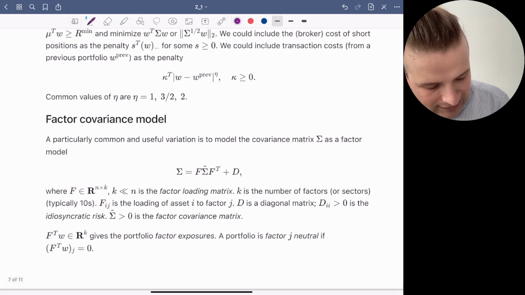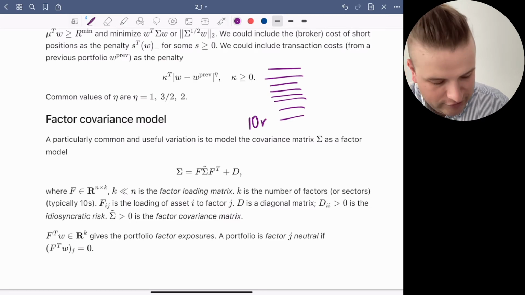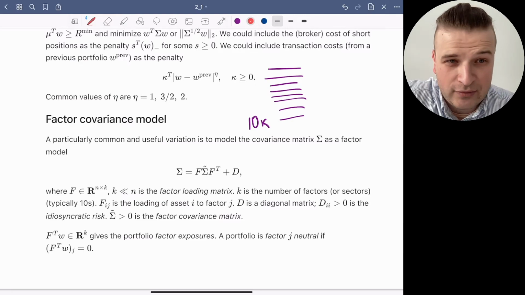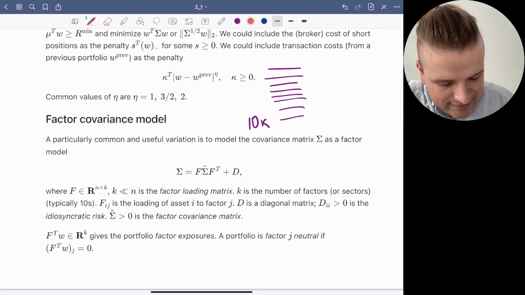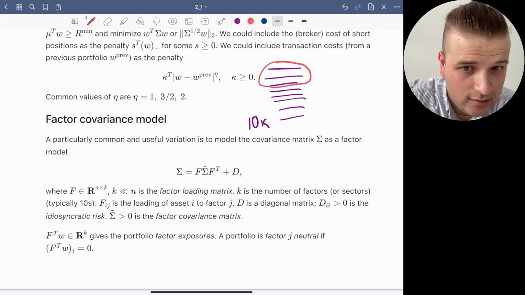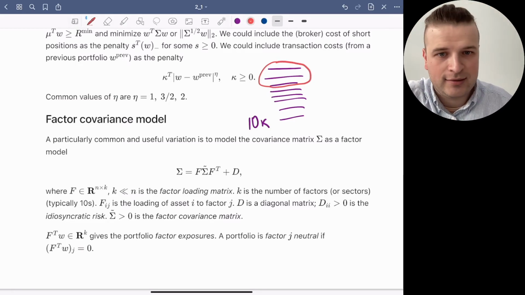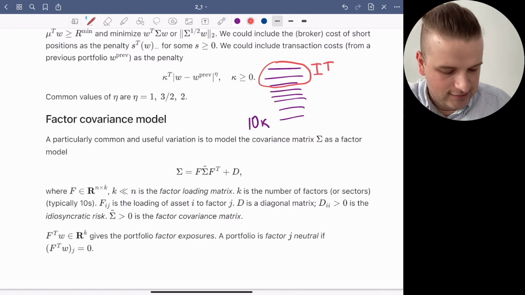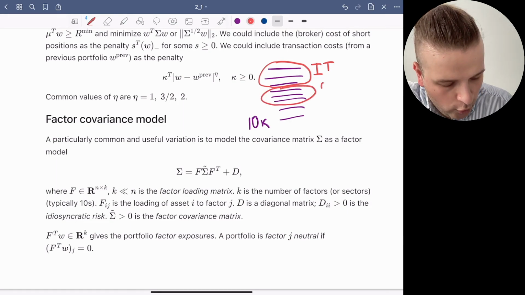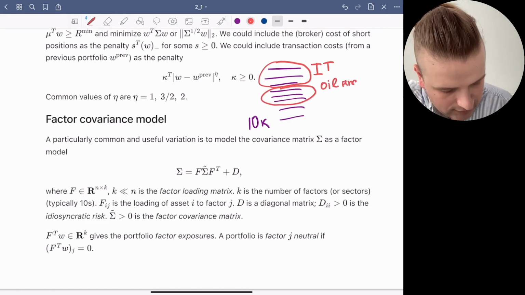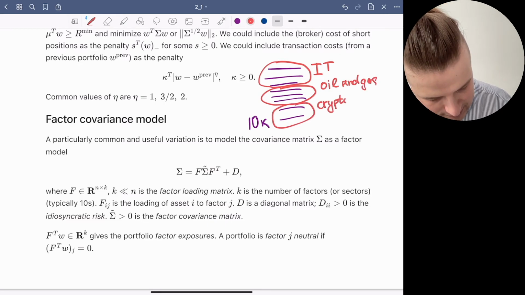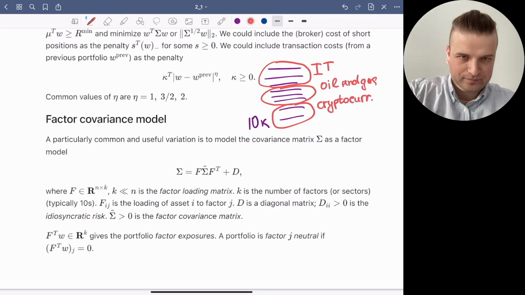that imagine that we have a list of shares, let's say 10,000 shares, but a lot of them are correlated with each other, and you believe that you have some sectors of the economy, and let's say this is IT assets, this is oil and gas assets, this is cryptocurrency assets, and so on.